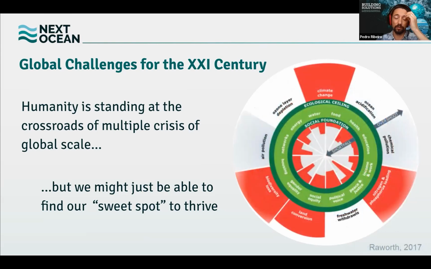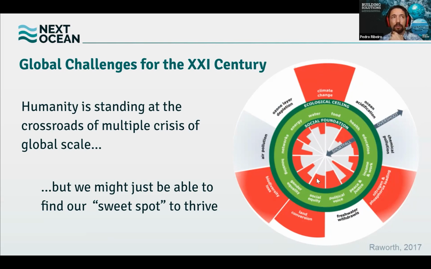And a good example of those roadmaps is this one, which is the Doughnut framework, which was presented by Kate Raworth, this English economist. And she combined the idea of the planetary boundaries, which are still here in the image, with some social baselines that we have to have.